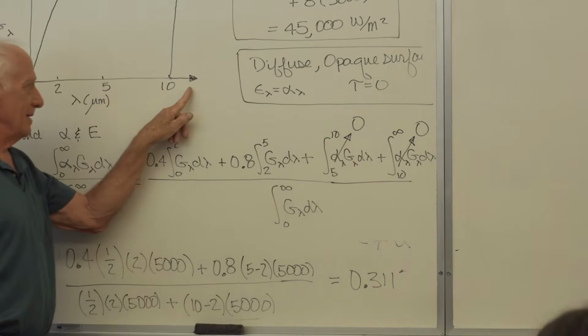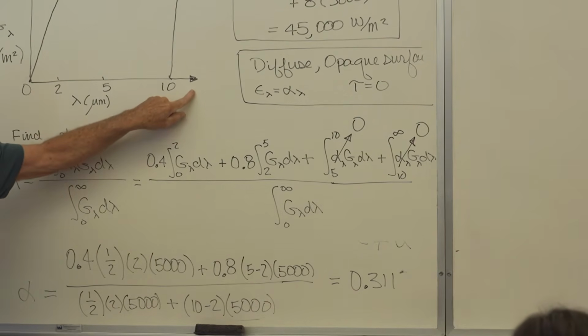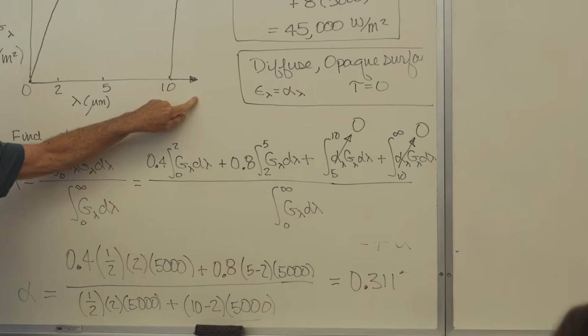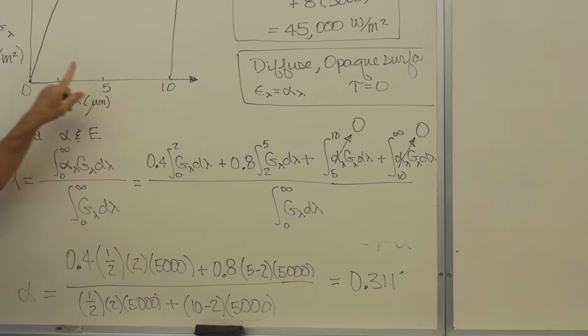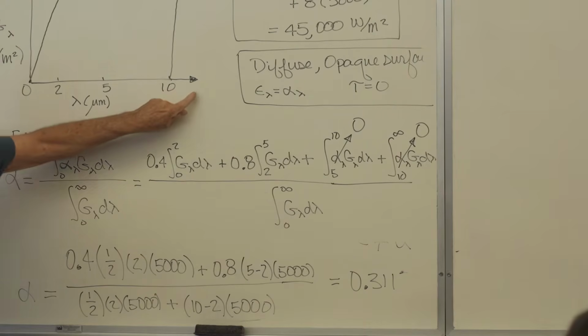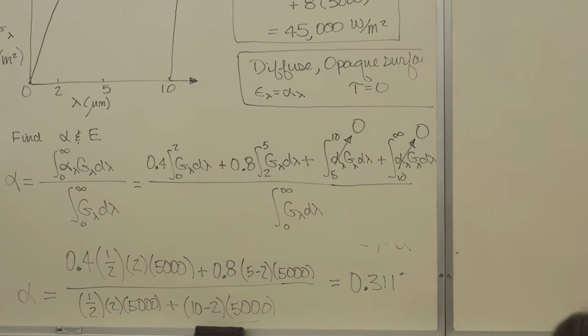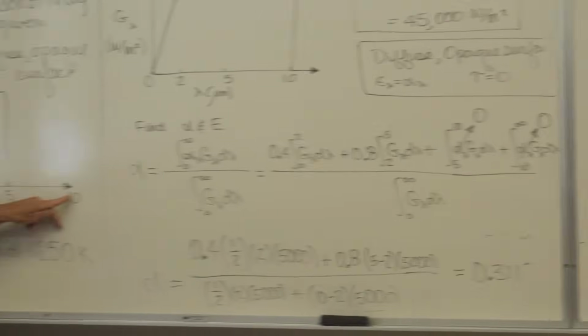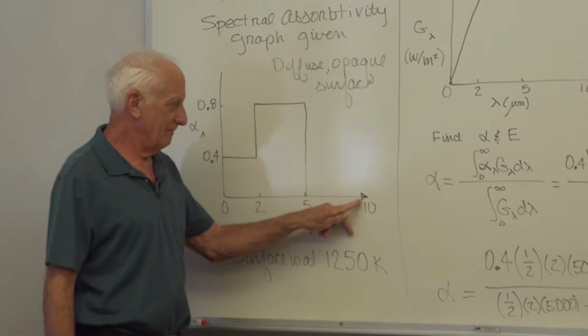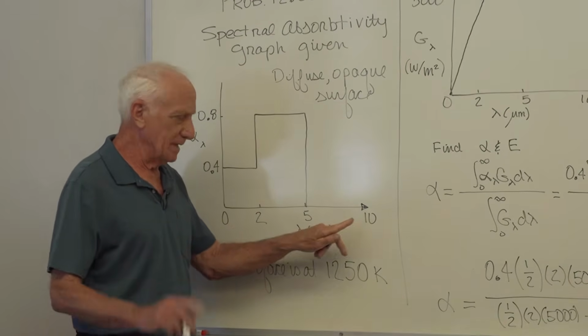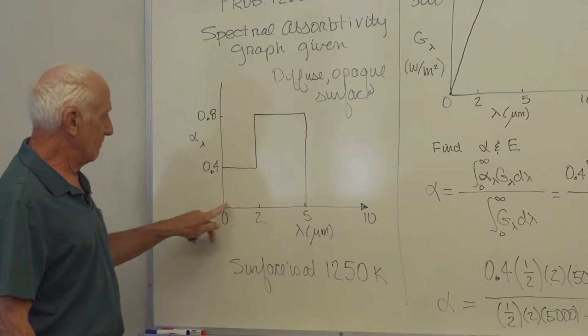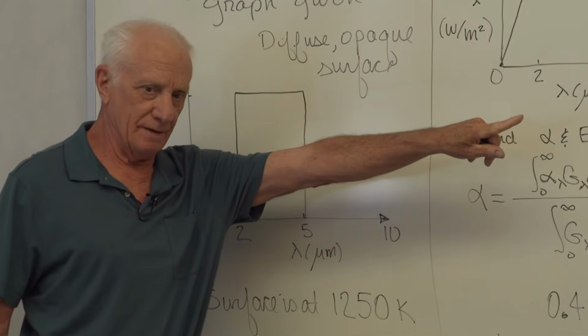And by the way, that arrow in the textbook is a big, fat, pink arrow. It means, when you read that, assume that alpha lambda is 0 all the way out to infinity.